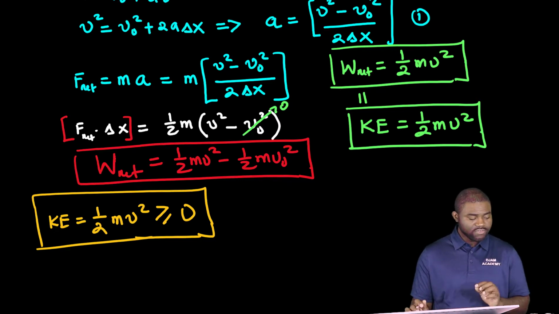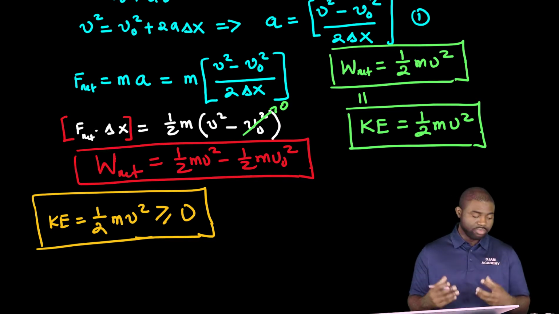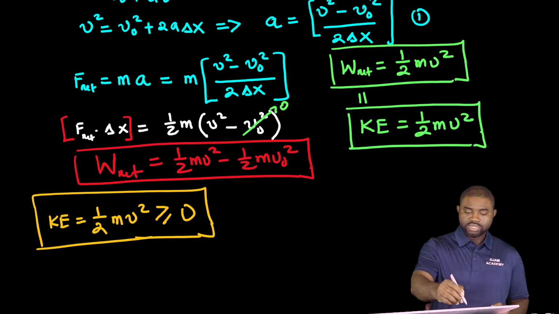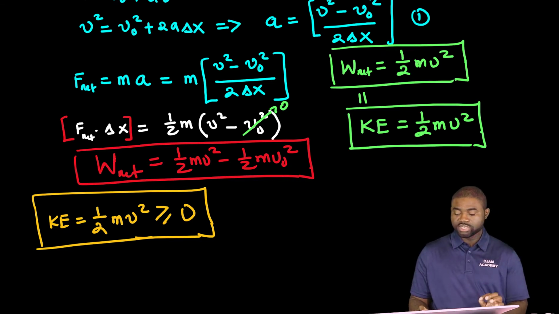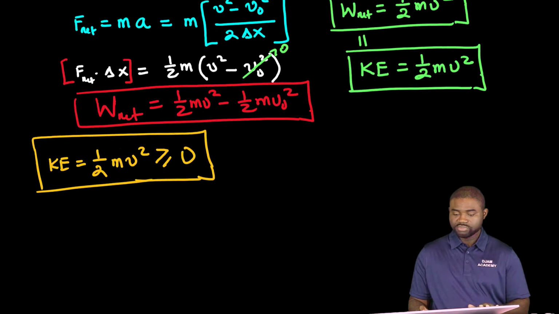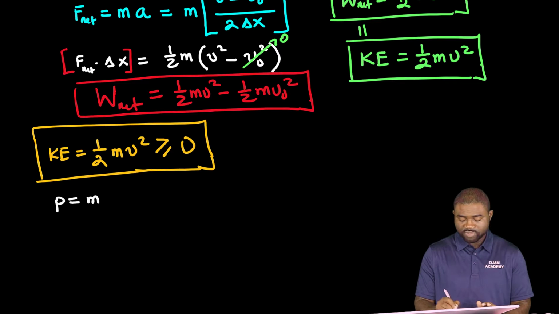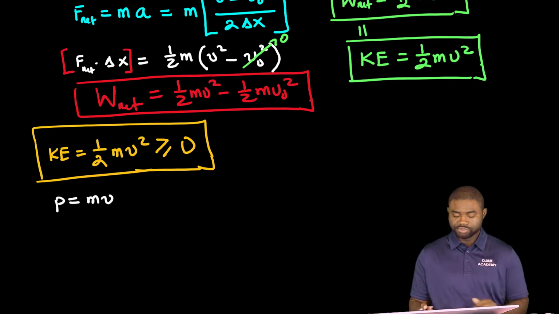Now, there is an intrinsic relationship that exists between the kinetic energy of an object and the momentum of that object. Let me show you. Bear with me that the momentum of an object P is the mass of that object multiplied by v. This is specifically the linear momentum.